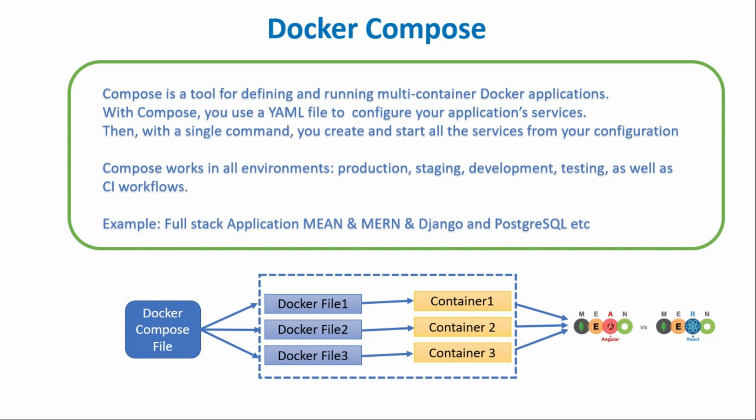In this scenario we are assuming that we are creating three containers on which we have to install Mongo, Express, Angular, and Node.js. In our scenario we need four containers, but here we have shown three. Let's see what the architecture and the process of this is.